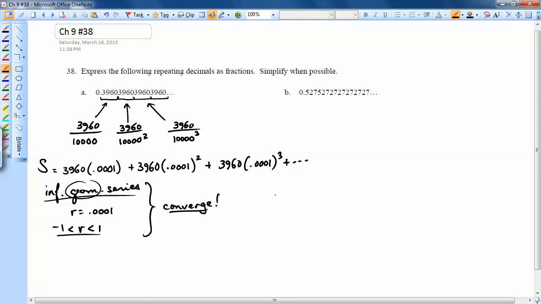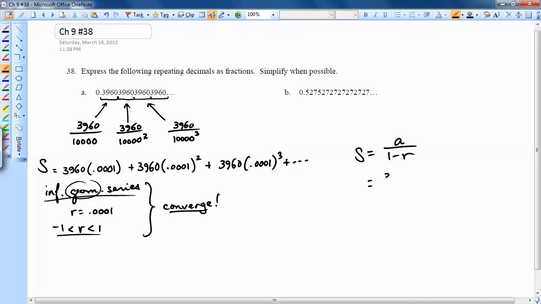All right, well, we can use the shortcut. First, the real method is multiply both sides by 0.0001, and you'll get a new equation that you can line everything up right below, and then you can cancel out a ton of stuff when you subtract one equation from the other. Now, if you do that every time, you start to realize that you're actually getting the first term over 1 minus r every single time.